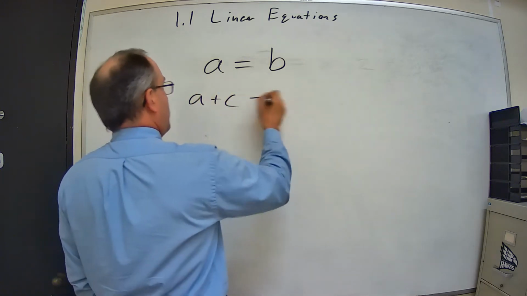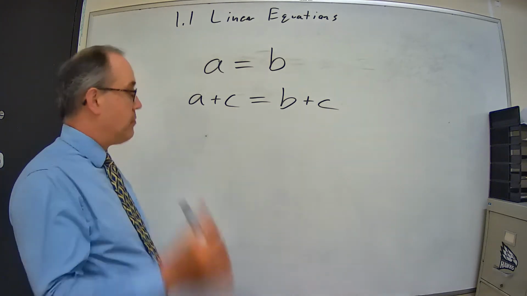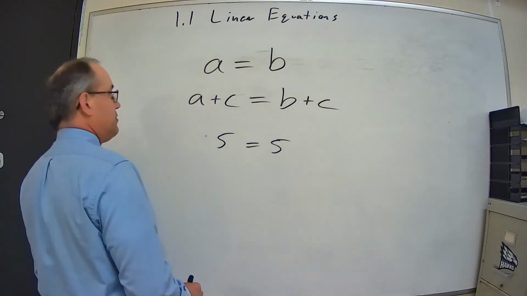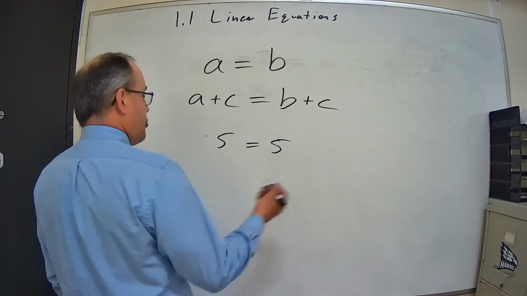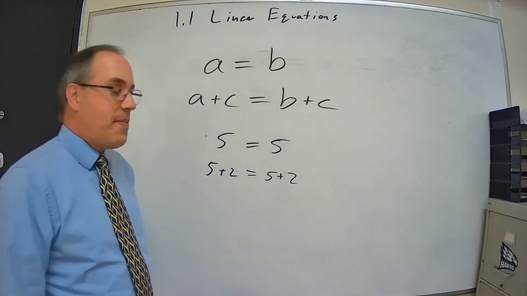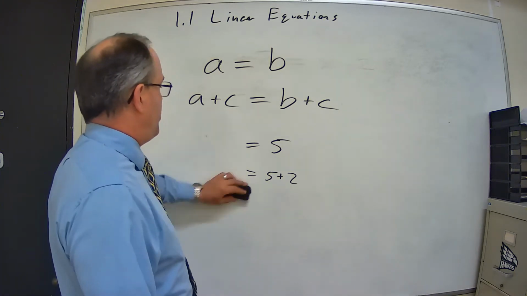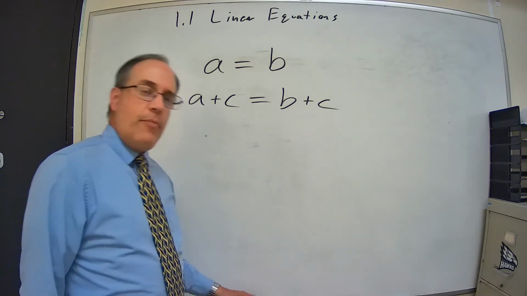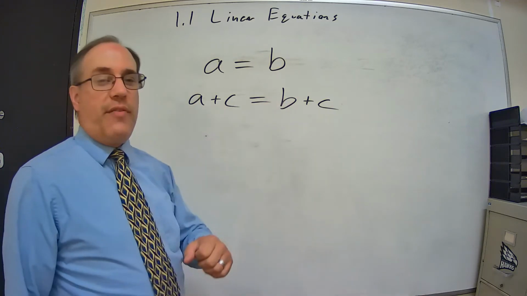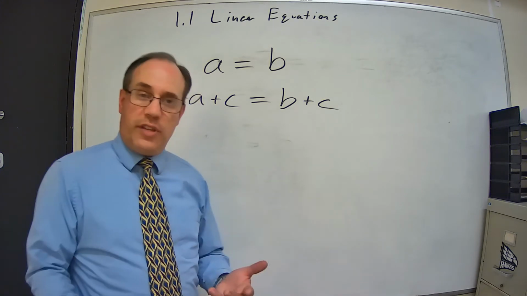A plus C is then equal to B plus C. If I have 5 equal to 5, and I add 2 to both sides, 5 plus 2 is equal to 5 plus 2. When you deal with numbers, it kind of seems too obvious, right? It just says that if you add the same thing to both sides of the equation, then you have an equivalent equation. It's not the same equation, but it's an equivalent equation.